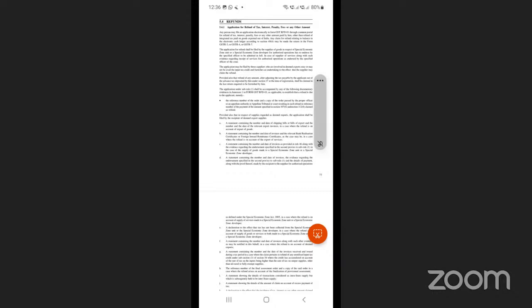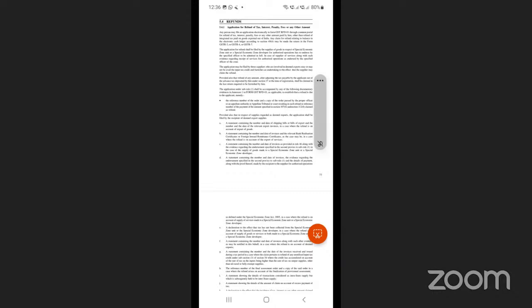Now, in case of special economic zone, the number and the date of invoices as per rule 46 have to be stated. Here the rule mentioned is 46. They have to state the number and the date of invoice, and evidence regarding the endorsement specified by the specified officer in sub-rule 1 in case of supply of goods made to a special economic zone.